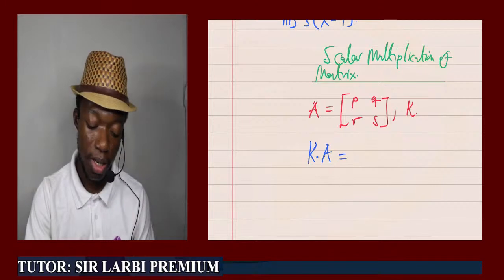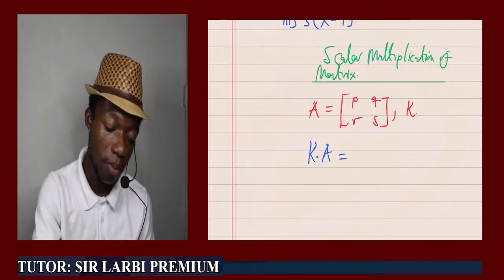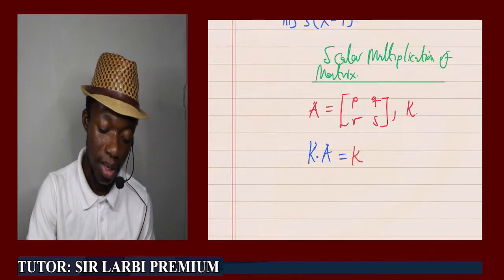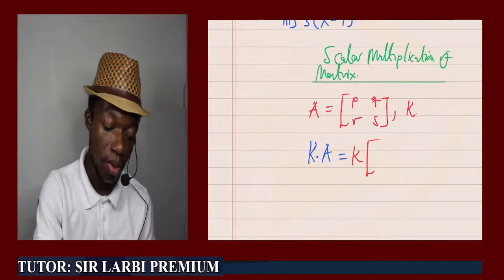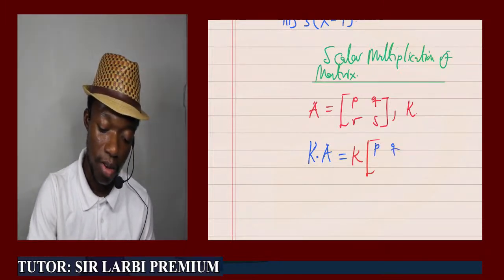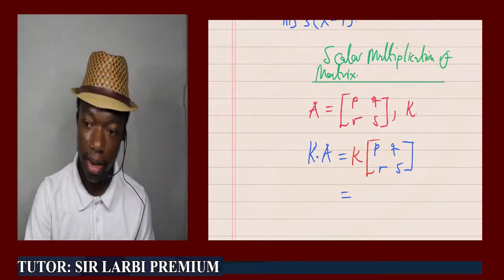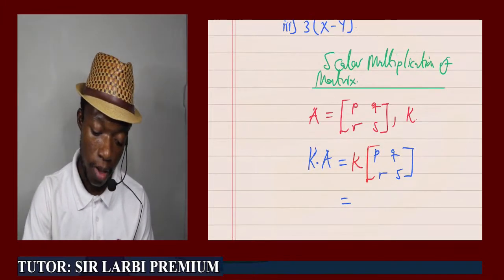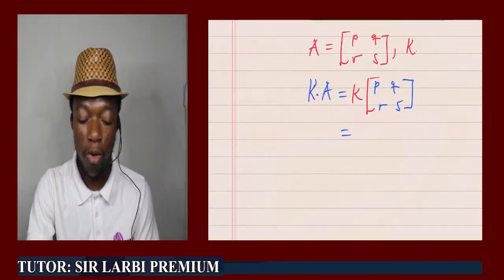K will come in to multiply the matrix A. Matrix A has P, Q, R, and X. K as a scalar will multiply the individual elements.